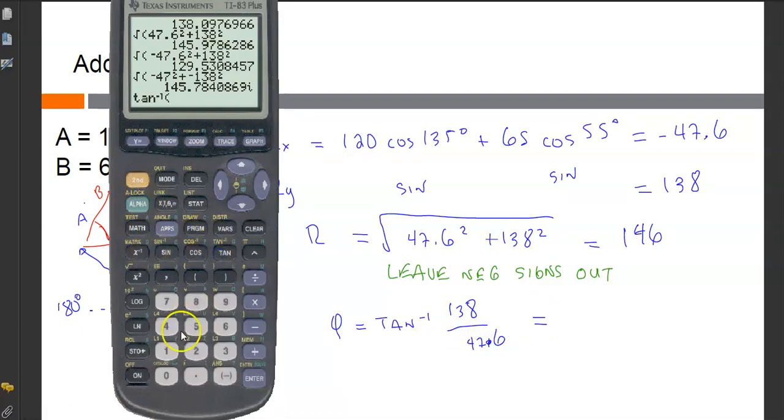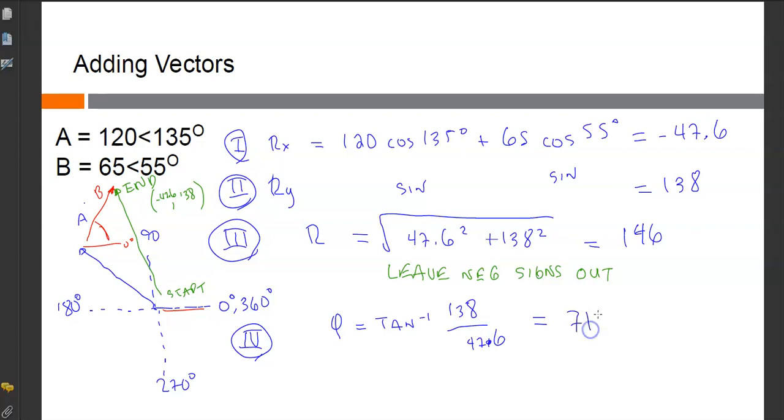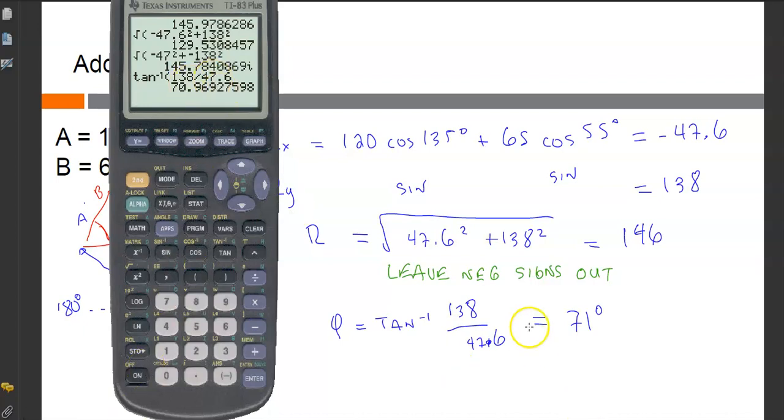Second tangent 138 divided by 47.6 means that there is a 70.96, let's just call it a 71 degree angle. Somewhere there's a 70 degree angle. Okay, now if I'd put the negative sign in that, you see how I left it out again?